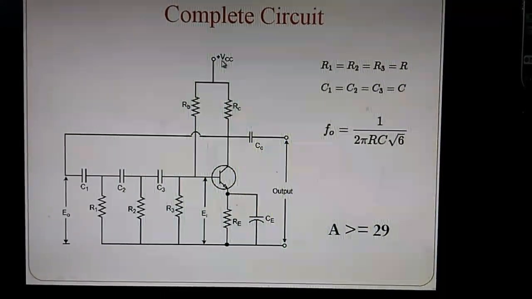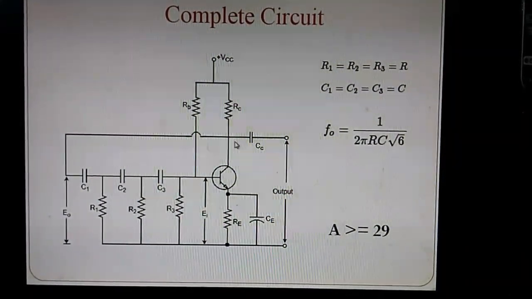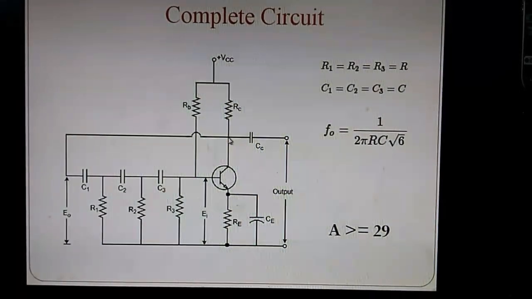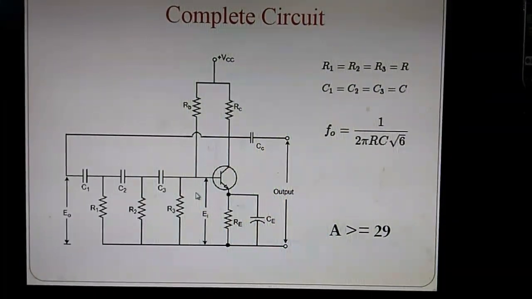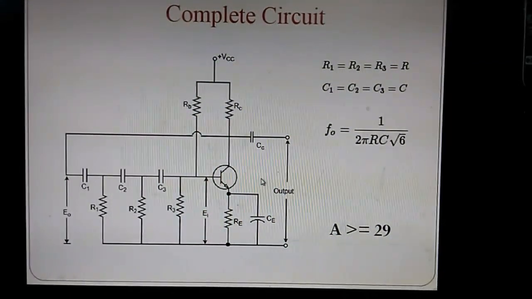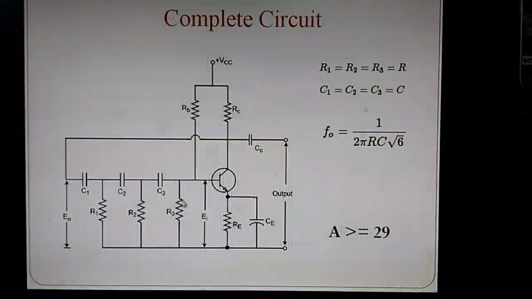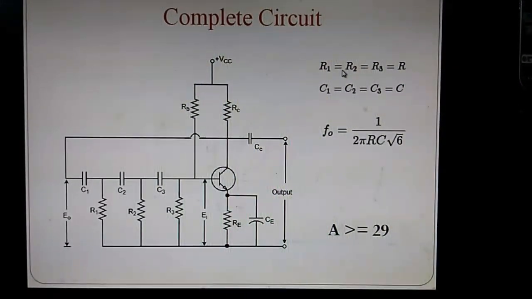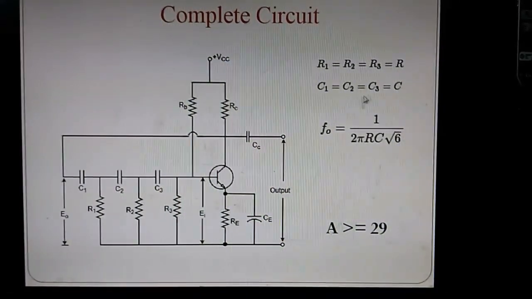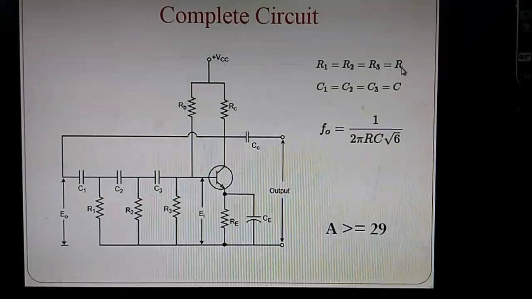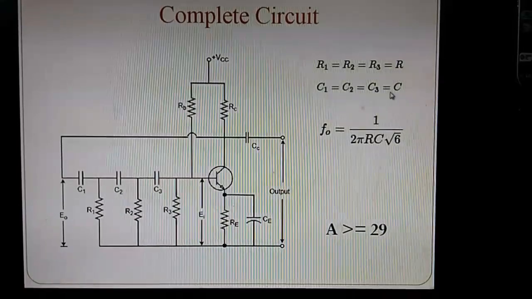Whenever we switch on VCC, current flows through the transistor, and whatever change occurs in the output comes through this feedback network back to the transistor, and slowly it goes on as damped oscillations. The resistances in the feedback network are taken as R1 equal to R2 equal to R3, which we consider as R, and C1, C2, C3 are considered as C, for ease of convenience.